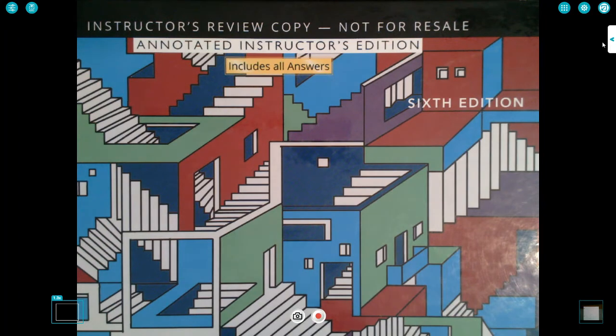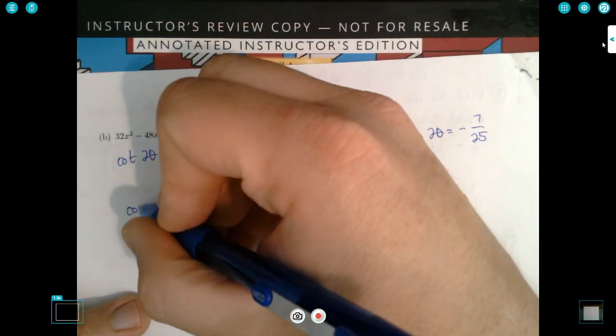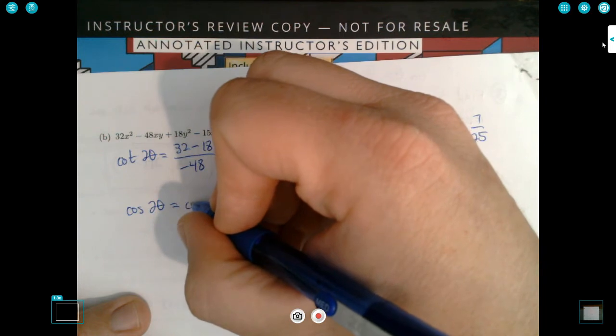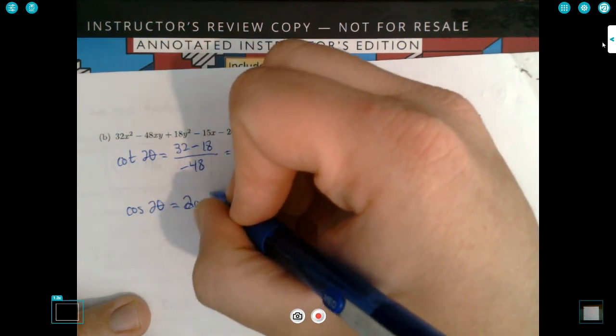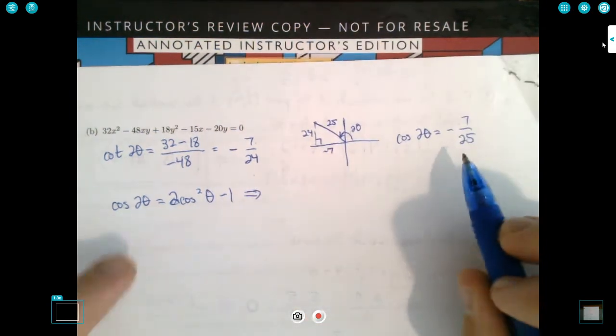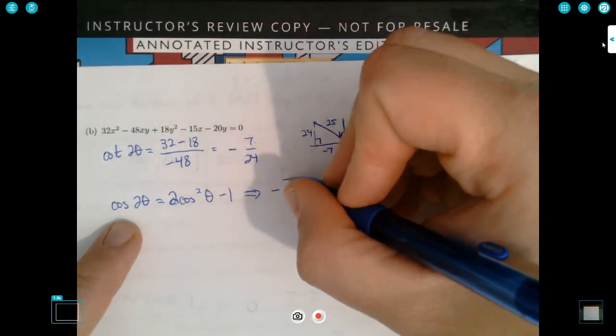Okay, so cosine 2 theta is 2 cosine squared theta minus 1. And I know that cosine 2 theta is negative 7/25.